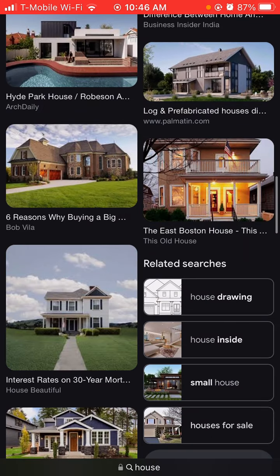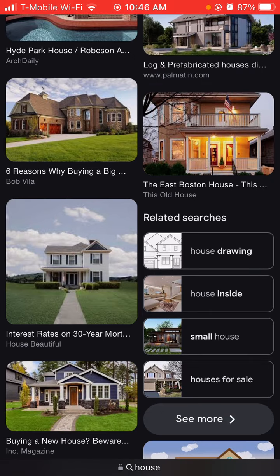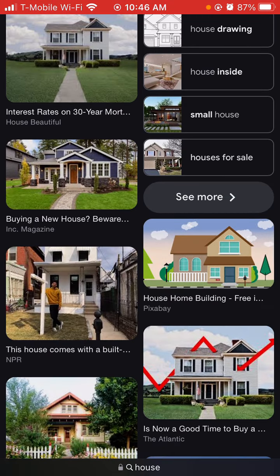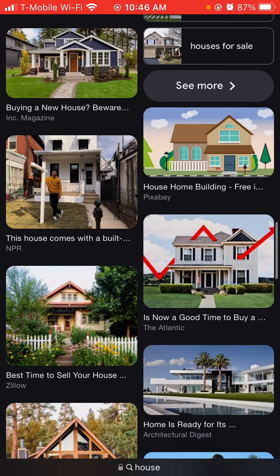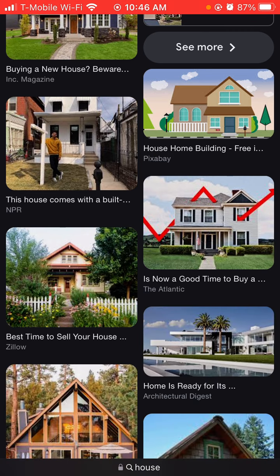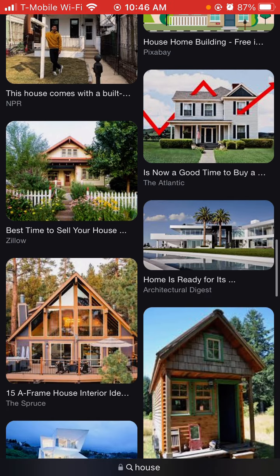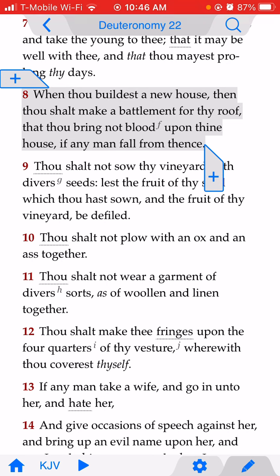Now Esau doesn't give blueprints out to build parapets upon houses anymore. He doesn't do that. And so a lot of our people who are building these houses that Esau dwells in and these other nations dwell in, that's another way how Esau is getting to us and making us sin, because the Lord literally commanded us, if we build a house, we have to make a battlement for our roof, that we don't bring blood upon our house if somebody falls from on top of the roof.